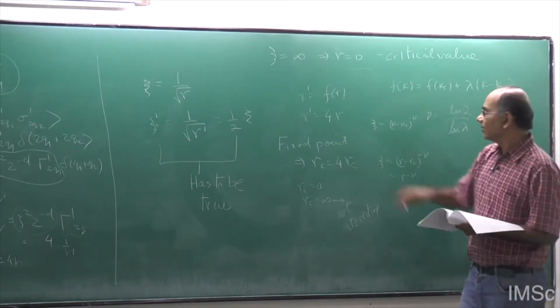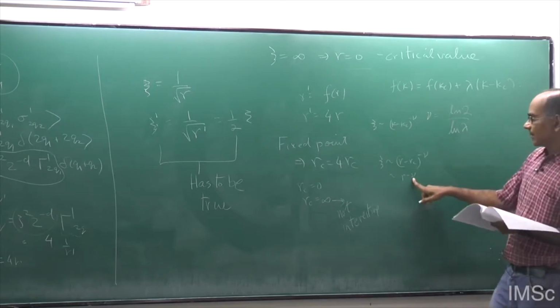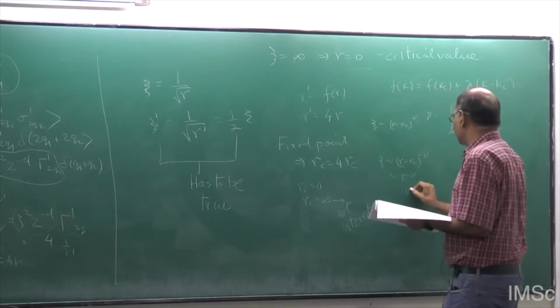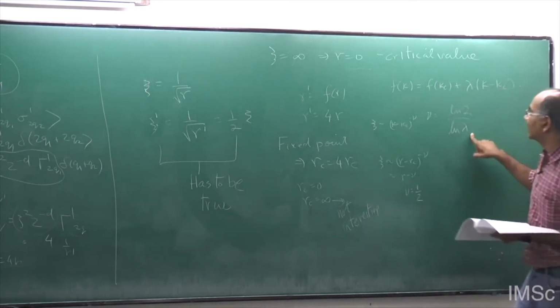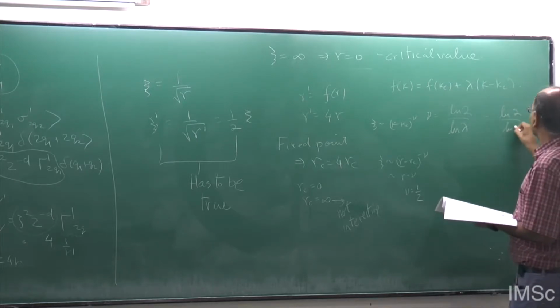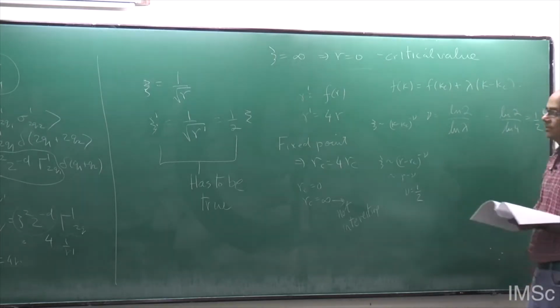But we know the answer without doing all this. C is the square root of r, so it's half, which is what you get here also. So if you put this as log 2 by log 4, which is half. Right?